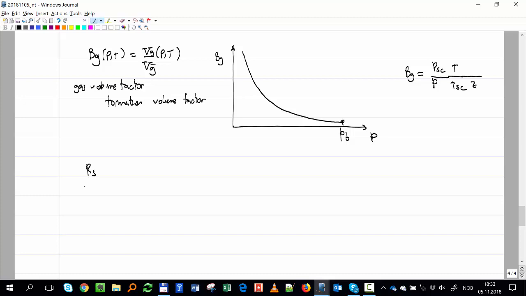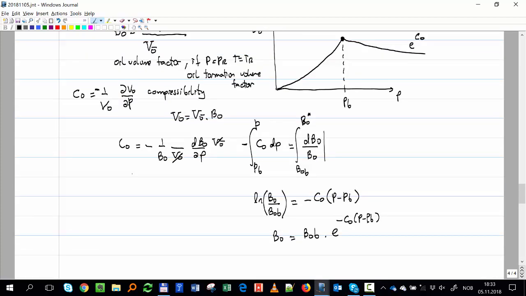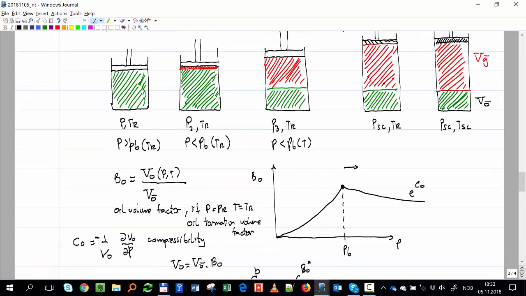And this RS is solution gas oil ratio. It's not defined at any local condition, don't be confused, nothing to do with local here. We're just dividing Vg at standard conditions by Vo at standard conditions. So we are just dividing these two here.